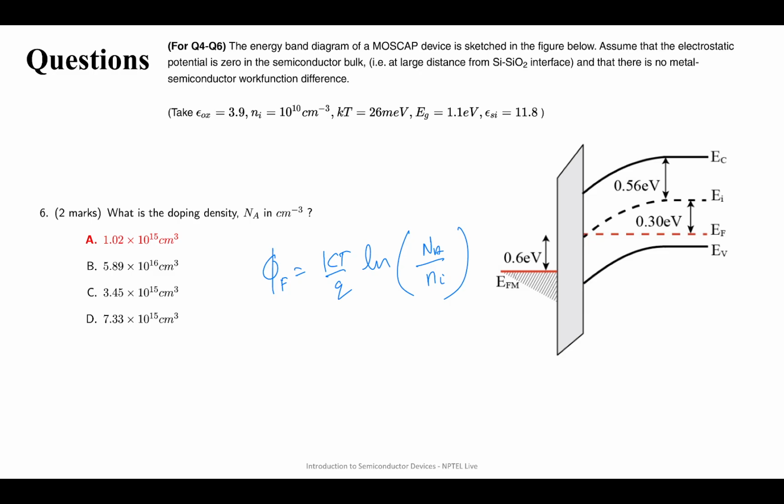We know phi f is equal to kT by q ln Na by Ni. Phi f we know is 0.3, and kT by q is 26 milli electron volts. It's ln, not log, so it will be around 2.3 into log Na by Ni.